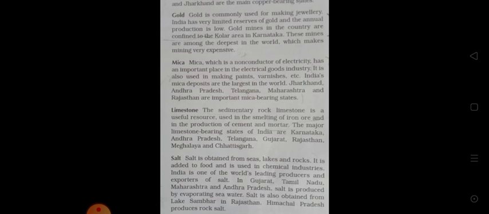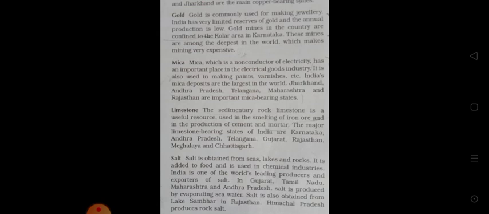Then mica, a non-conductor of electricity, which is mainly used in the electrical goods industry. Limestone is a sedimentary rock and a useful resource.